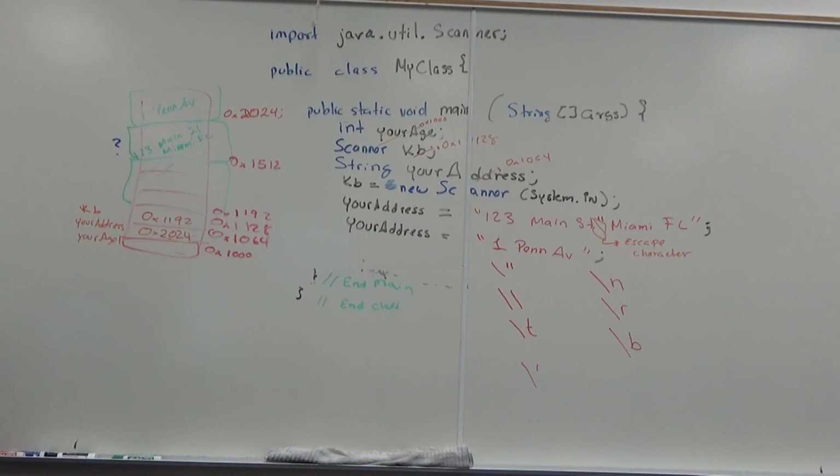What if I put in the T and in the R? See what it looks like. The T made a tab and the R made a carriage return.